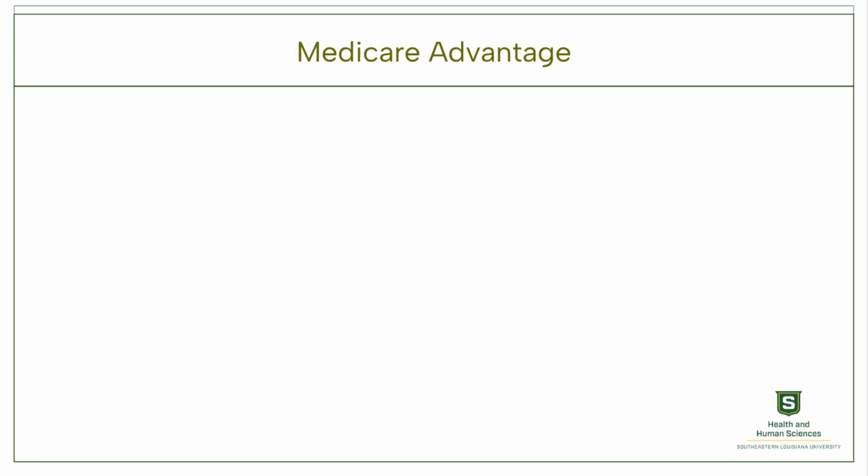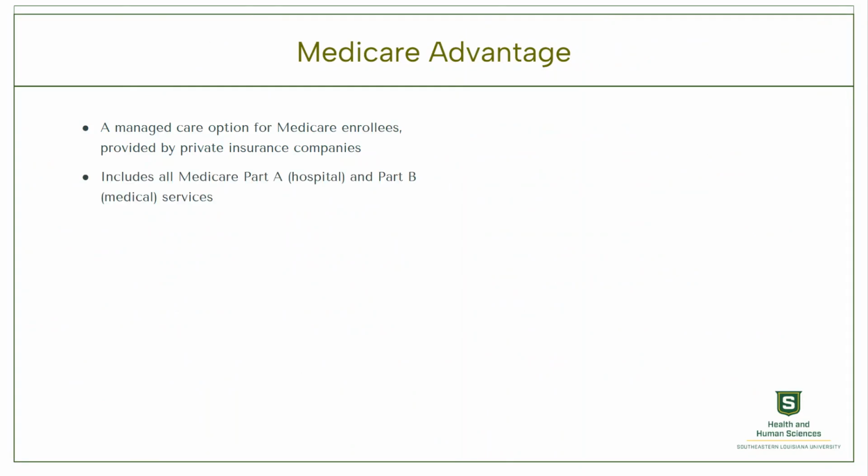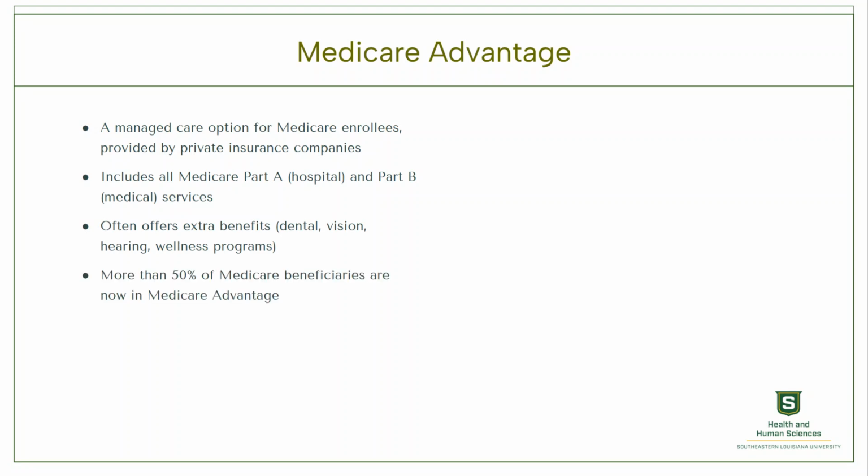So, like I mentioned, managed care organizations work with Medicare through Medicare Advantage, and the organizations are private insurance companies. What managed care does with Medicare insurance is that it gives them Part A, Part B, but it also gives Part C by offering extra benefits in terms of dental, vision, and wellness programs.